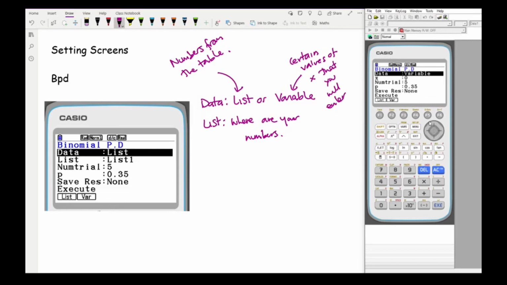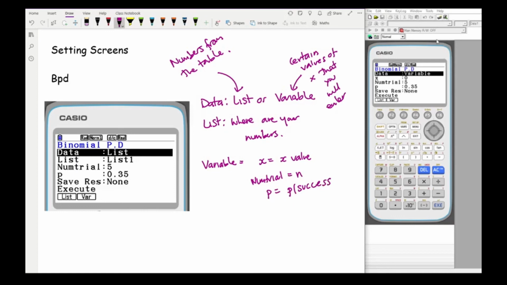Once you've selected variable, as you can see on the screen, X is your X value, num trial is basically your n value, and P is the probability of a success, just like normal.